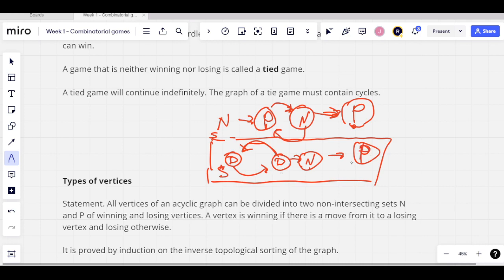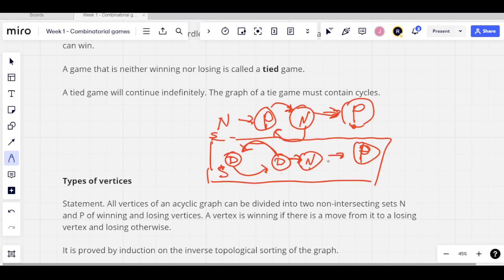If we traverse this graph through reverse topological order, in this vertex we have these edges.